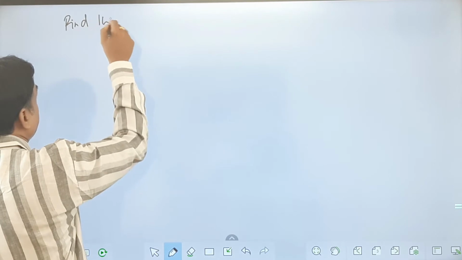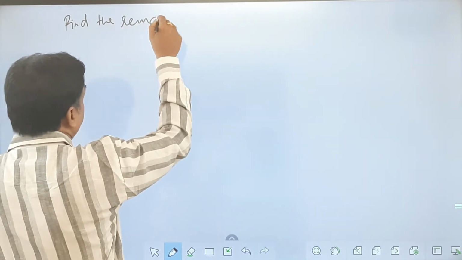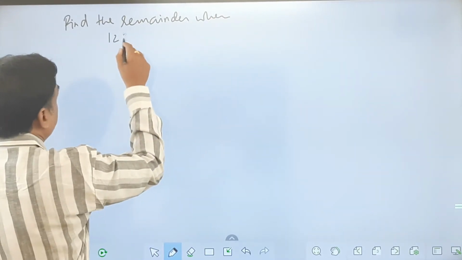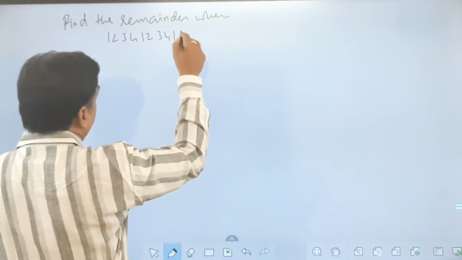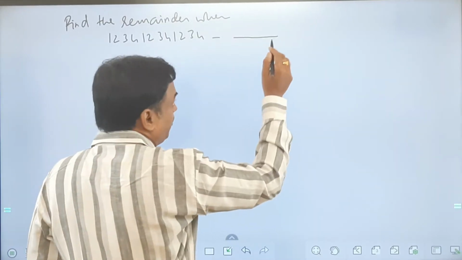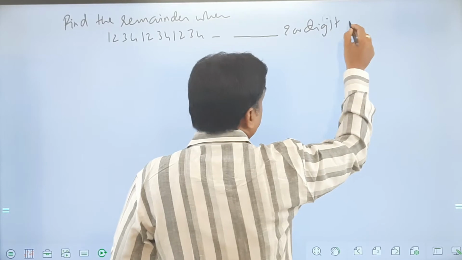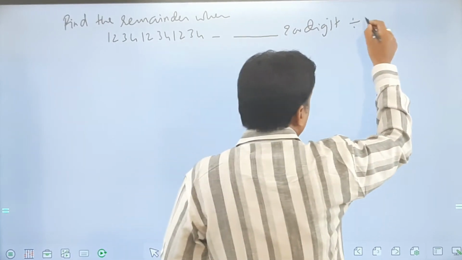Question is, find the remainder when 1234 1234 1234, and so on up to 200 digits, is divided by 101.